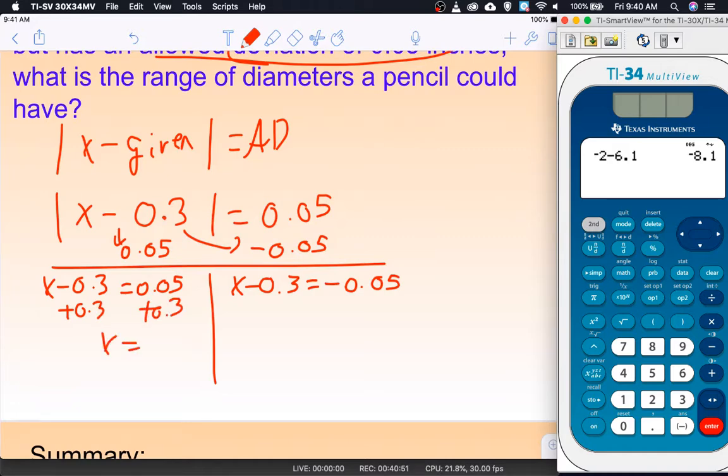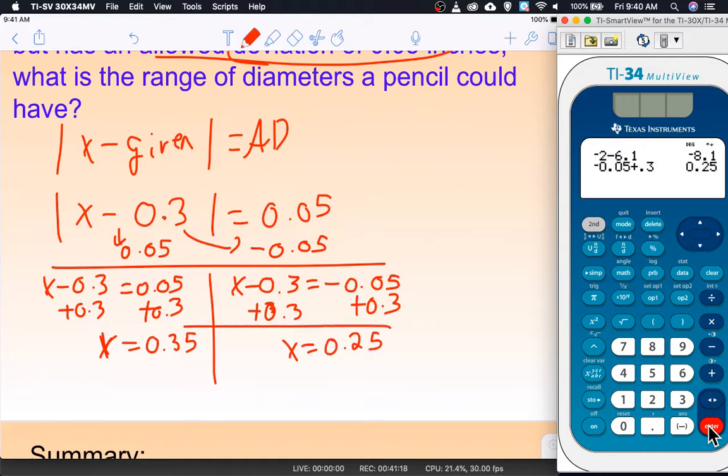And x is equal to, actually I could do the math in my head, 0.35. And when I add 0.3 to both sides here, x is equal to, pretty sure it's going to be 2.5, but or 0.25. Let's see, negative 0.05 plus 0.3. Yeah. So those are our solutions.